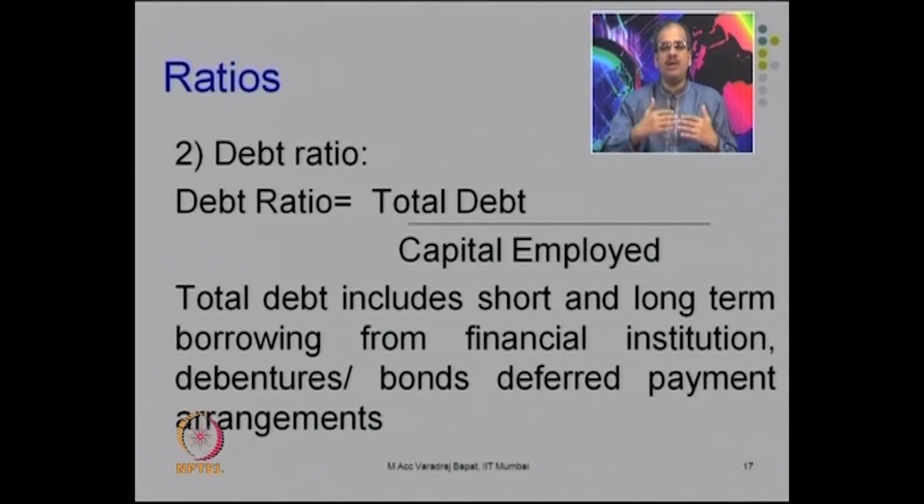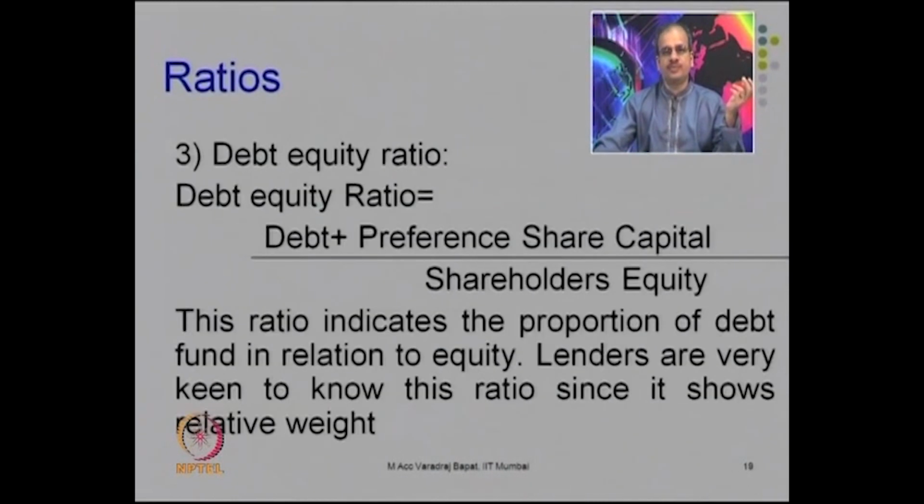It will also be able to increase its profitability. So a reasonably high debt ratio could be good, but if it is too high, then the risk levels really go high. There is a third ratio, debt equity ratio, wherein we try to see the debt funds to equity funds.